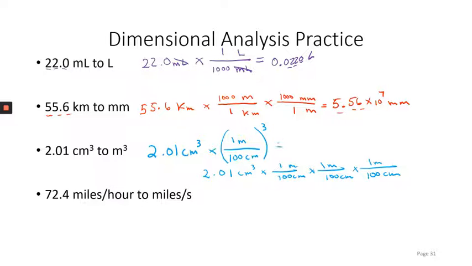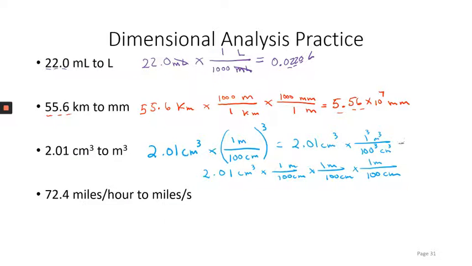Or you could write this as 1 cubed over 100 cubed. 1 cubed is just 1. And then you can put in your calculator 100 cubed.